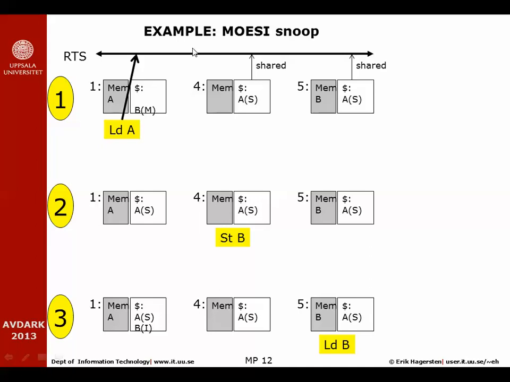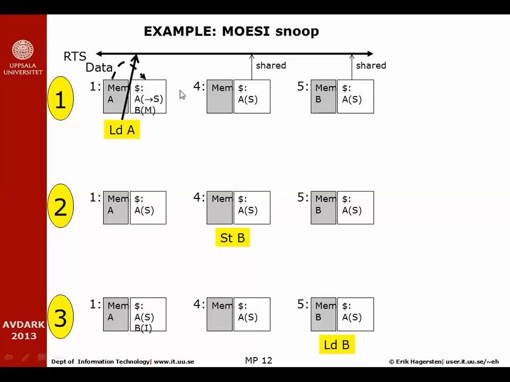So now we know we can't go to state E, even if it is a state in a MOESI snoopy cache coherence protocol. We'll go to state shared, and the data will be provided from our own local memory module. But even though that happens, we still have to do the full snoopy broadcast so everybody can see the transaction.